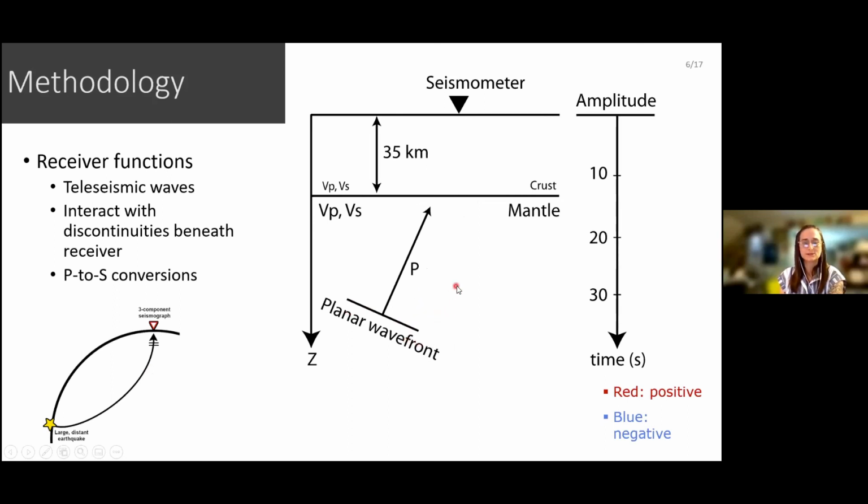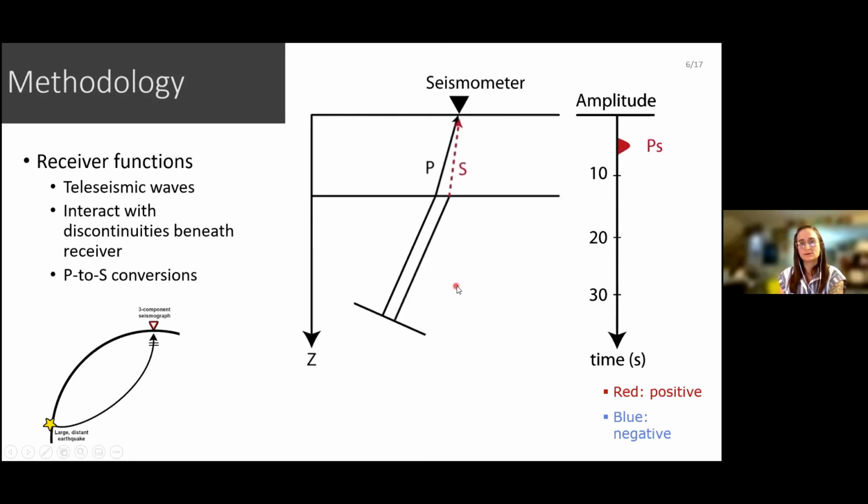It will then interact with discontinuities beneath the receiver, producing different P to S conversions, and the timing and amplitude of those conversions can give us information about that subsurface structure. Here we're just seeing an example of a purely horizontal and isotropic medium. This would be the radial component of the receiver function, but we also have another component which is perpendicular, called the transverse component.